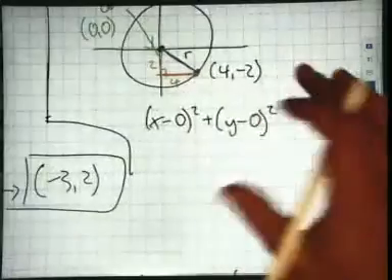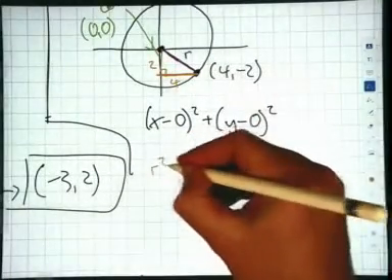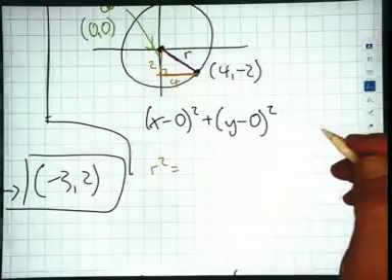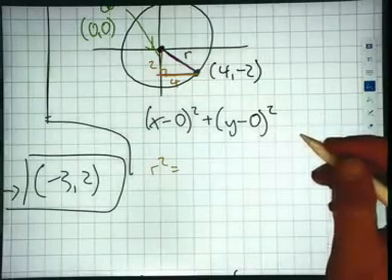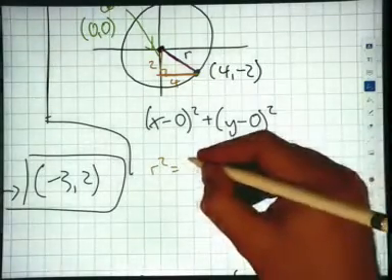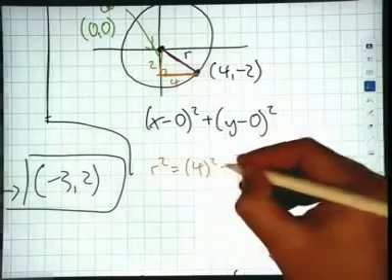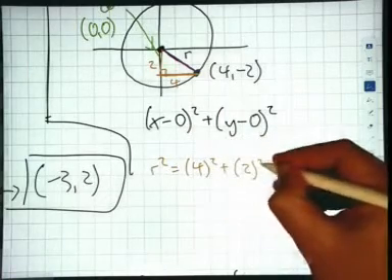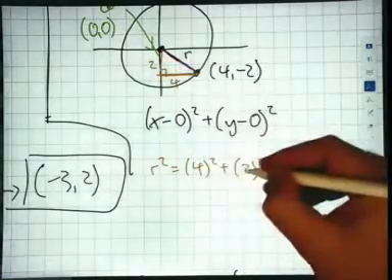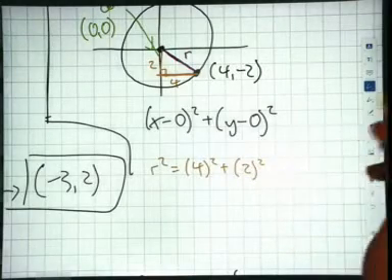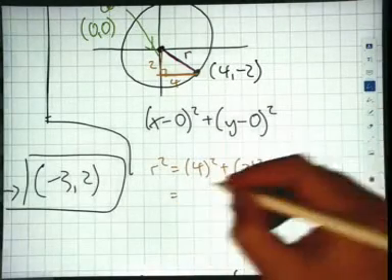We know by the Pythagorean theorem that r squared is equal to x squared plus y squared. So that's going to be our 4 squared plus our 2 squared. And you can see why here, even if you put -2 in here, it's still going to give you a positive value.